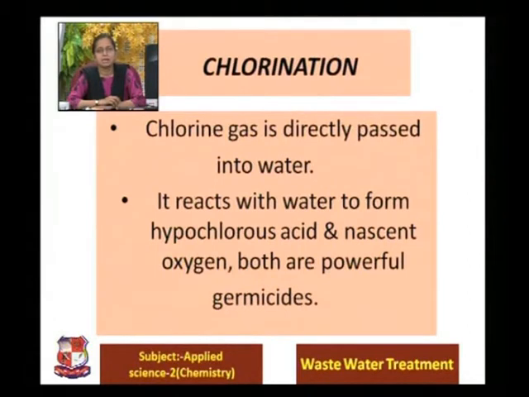You have seen that municipalities arrange to pass chlorine gas directly into water, so that all the domestic water supplies are free from germs. Chlorine gas reacts with water to form hypochlorous acid and nascent oxygen. They are themselves very powerful, and both of them act as germicides.